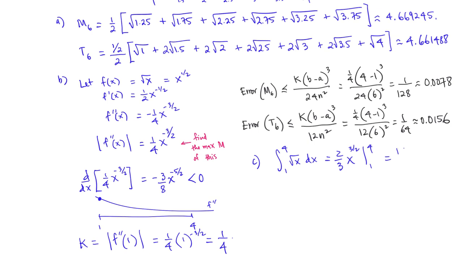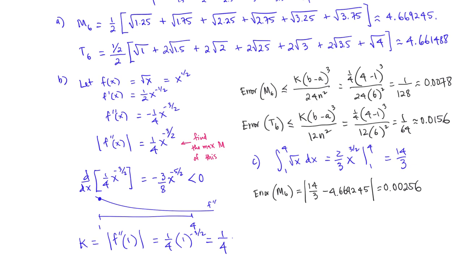This is 14/3. The actual error for M6 is approximately the absolute value of 14/3 minus 4.669245. This is 0.00256, which is less than the error bound that we found, 0.0078.